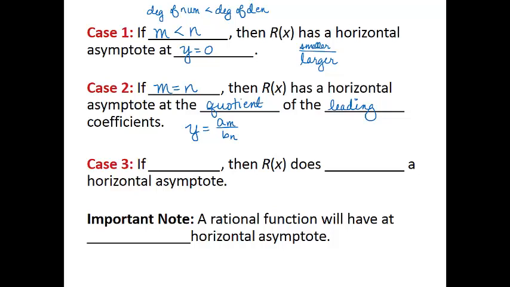So if the degrees are equal, basically everything can be ignored except the quotient of those leading coefficients. Now if m is greater than n, so the degree in the numerator is greater than the degree of the denominator, then r of x does not have a horizontal asymptote. Really important to note is that a rational function will have at most one horizontal asymptote.